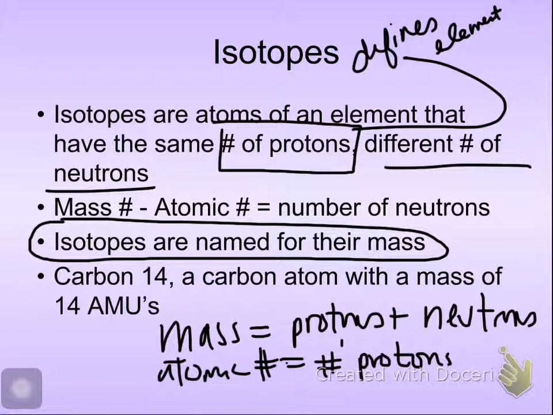One of my favorite who's buried in Grant's tomb kind of questions. I will at some point ask you, what is the mass of uranium-238? Guess what the mass of uranium-238 is? 238.